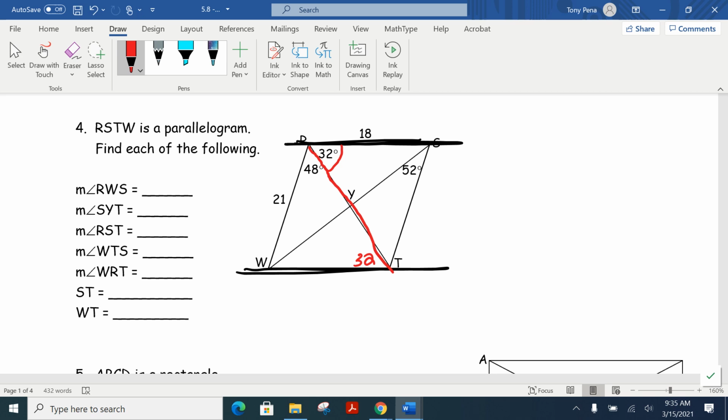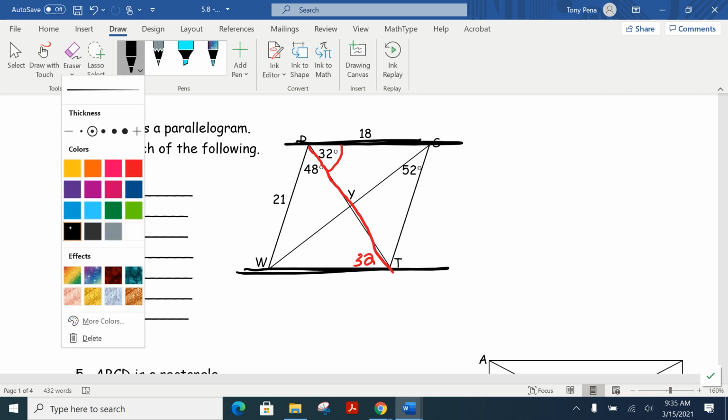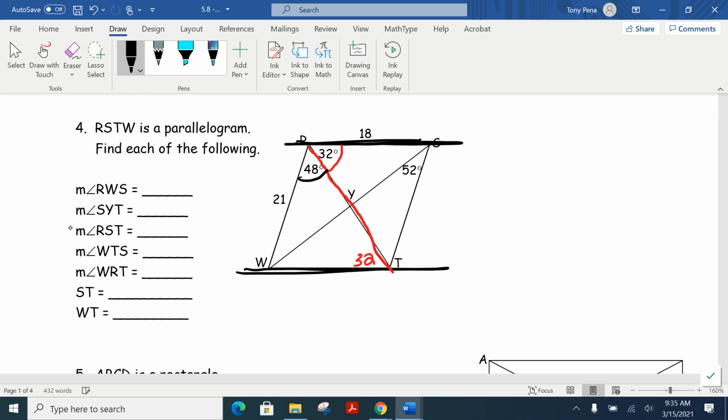Now we'll see which ones we need in a second. But at this point, let's just fill in what we would hopefully know. Same with 48. This 48-degree angle is an alternate interior angle to this angle, so this angle here has to be congruent to this angle here. Those are both 48.